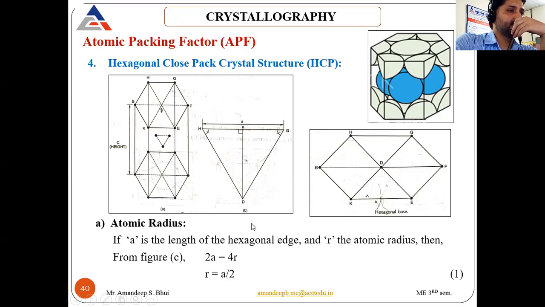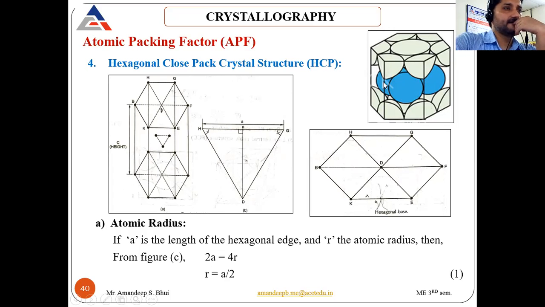From figure C, we have 2 atoms lying at the edge. In this 3-dimensional diagram on top, this is one atom and this is the second atom. The radius of the atom is R, so R plus R, 2R, equals A.